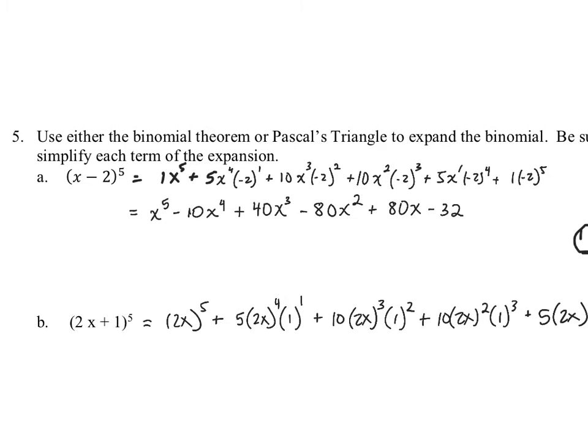So then 2x to the fifth power is 32 x to the fifth. And then here we have 2x to the fourth power, which is 16 x to the fourth, and then 16 times 5 is 80.